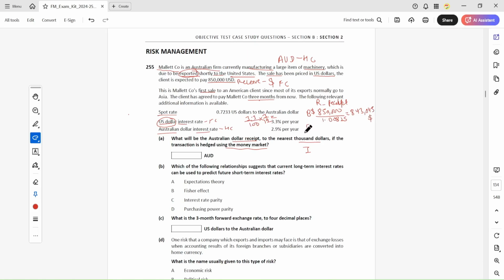Now we have to convert this into Australian dollars.